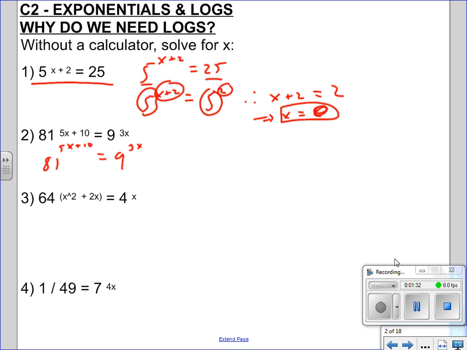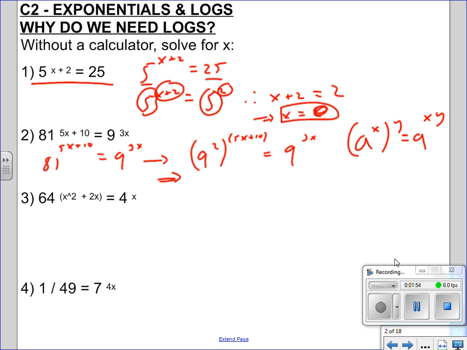81 is your bigger thing then. That can therefore be reduced down to base of 9, because 81 is 9 squared, and that's all to the power of 5x plus 10 is the same as 9 to the 3x. Now, as we know, indices, a to the x all to the y is the same as a to the x times y.